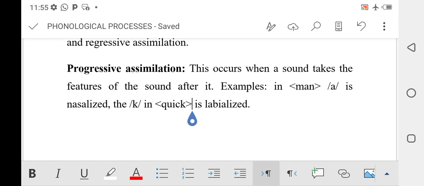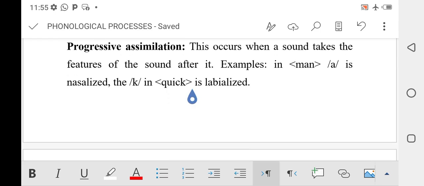For example, we have man, A is nasalized. Why is it nasalized? Because it is a progressive assimilation, it is looking at the phoneme that comes after it. A is a vowel sound. The phoneme that comes after it is N, a consonant sound and a nasal.